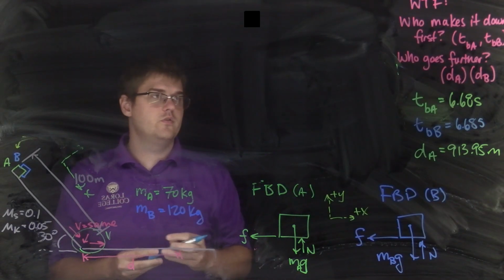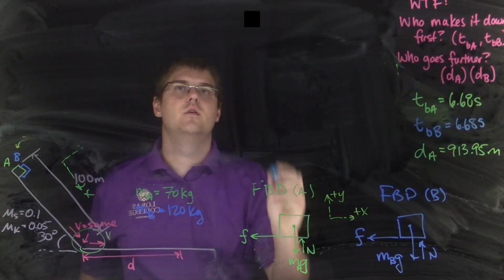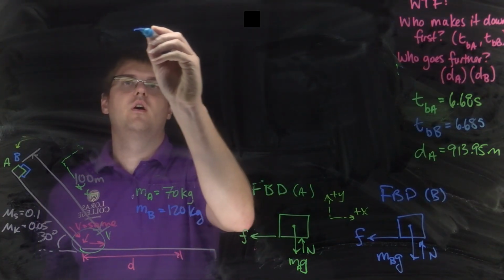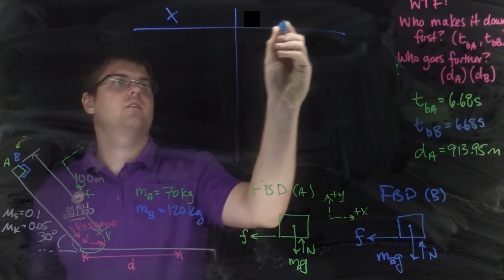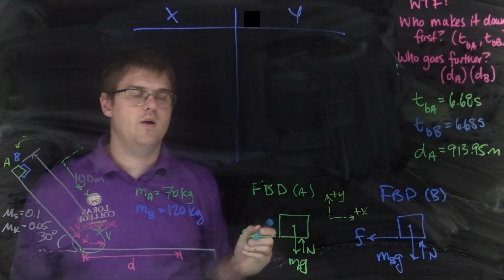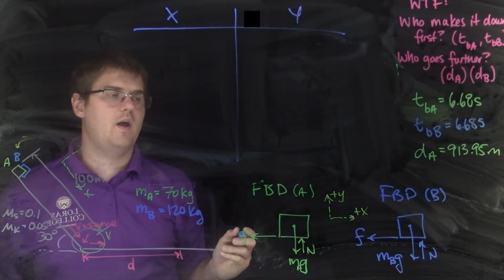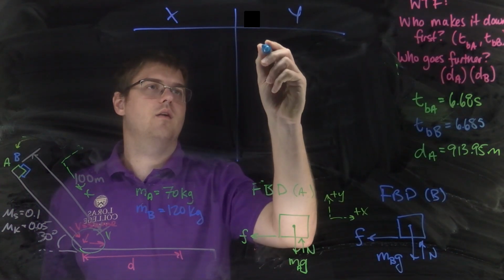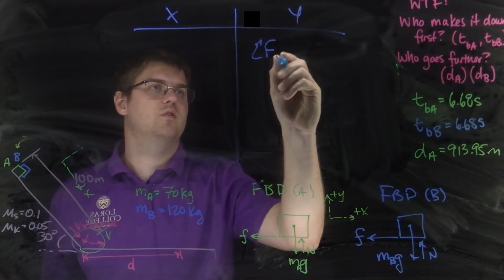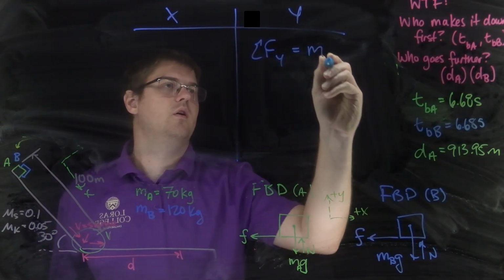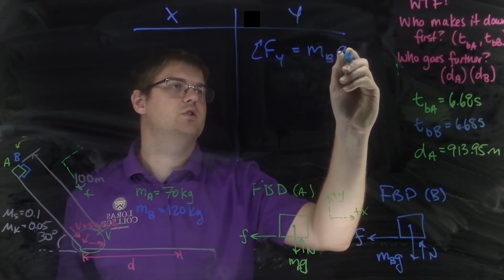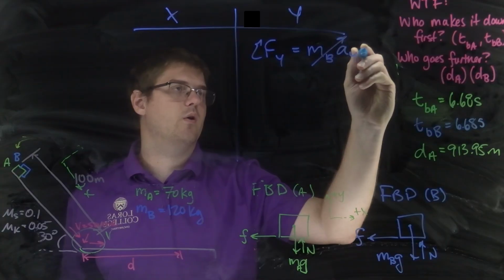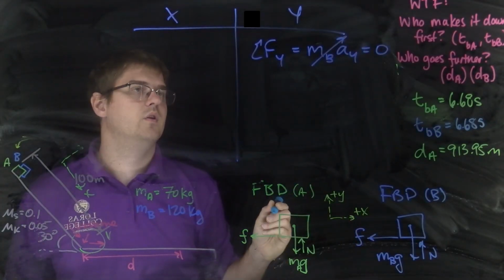With this, starting on B, we have our X and our Y axes. If we go and look at our Y axis, we again have sum of forces in the Y is equal to mass of B times my acceleration in the Y. We're not going up or down, so that's 0.